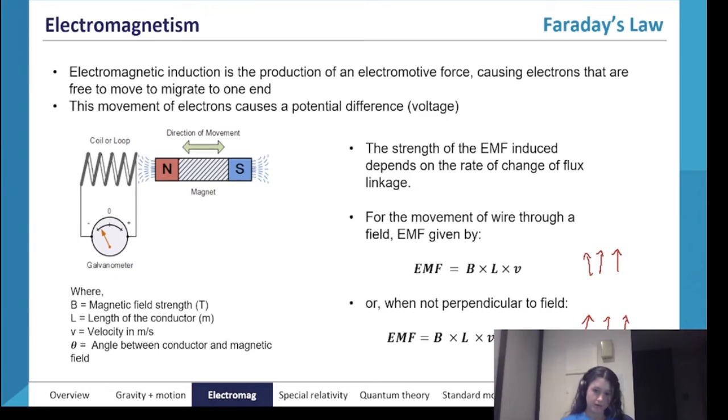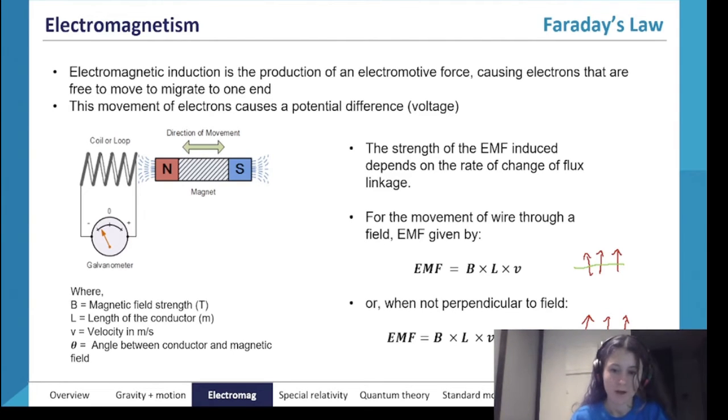So, if this is our field, and then we'll have our wire. If the wire is perpendicular to the field, then every single point of that field is going to be interrupting the wire, right?